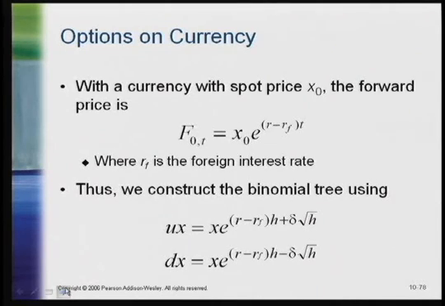First of all, we need to think through what the binomial lattice up and down returns are, and following the logic of the earlier module, we start with, in a riskless world, the future value of currency, the future cost of a euro. x0 is today's price of euro, today's price of the foreign currency.